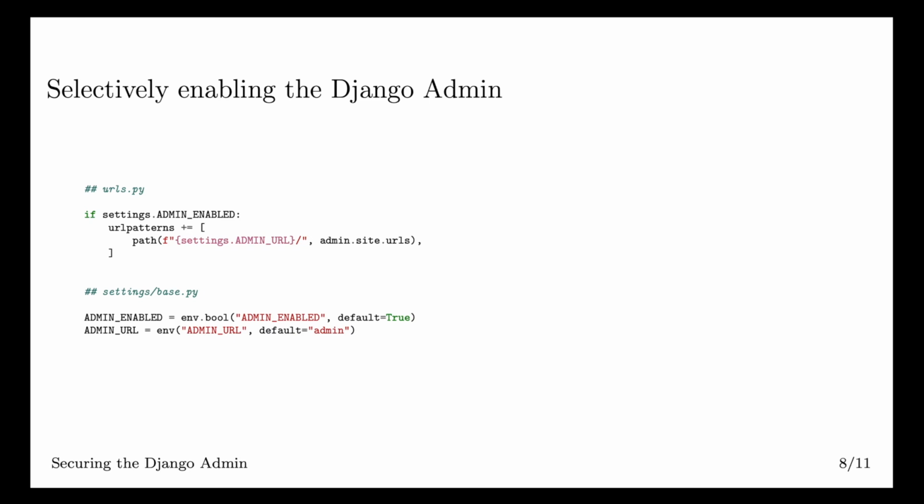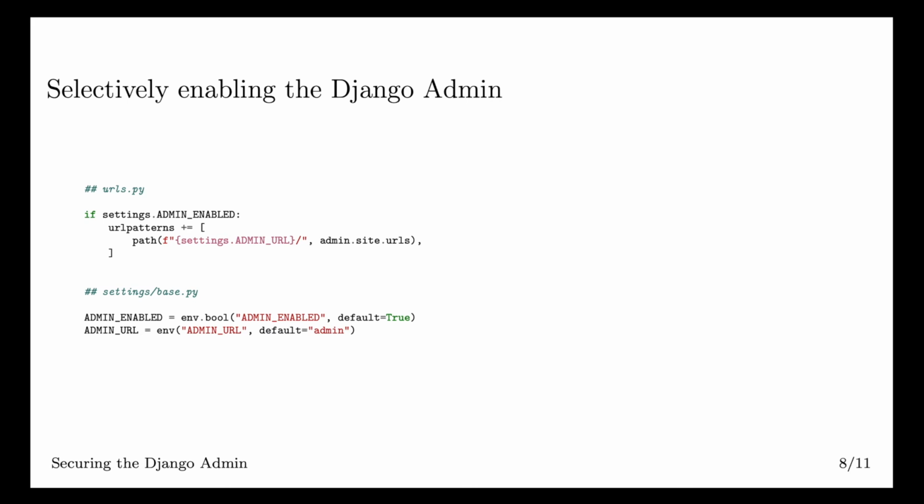While there's still some web server setup you might want to do, this would allow you, with only changing environment variables, to have one web instance where you have the Django admin enabled and one where you don't. So your public site could, for example, not have the Django admin enabled, and you could have the Django admin enabled only on a server that is restricted to certain IPs or requires a VPN. It still requires a login, but you've locked it down much more. This is a great setup.